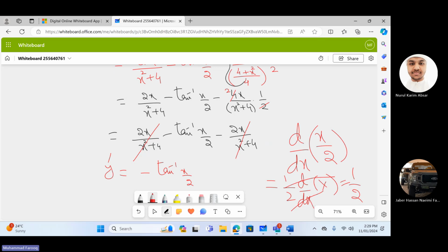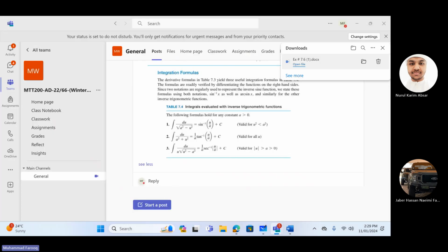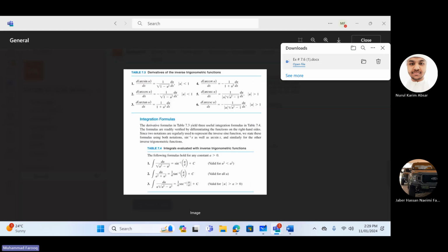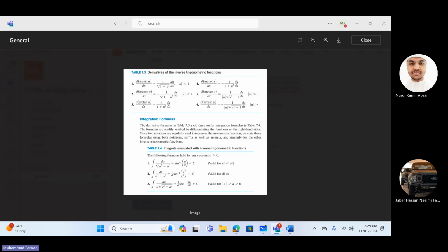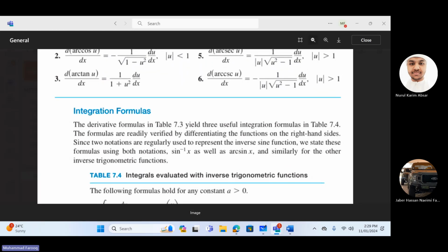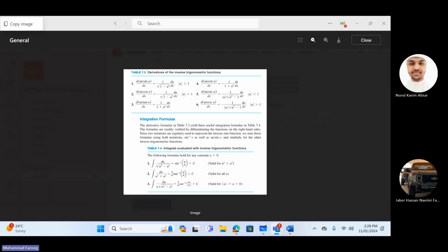Okay. Now, for the sake of integration, please take a look at this formula sheet, which we need now. Here, you have only and only three possible formats for integration.